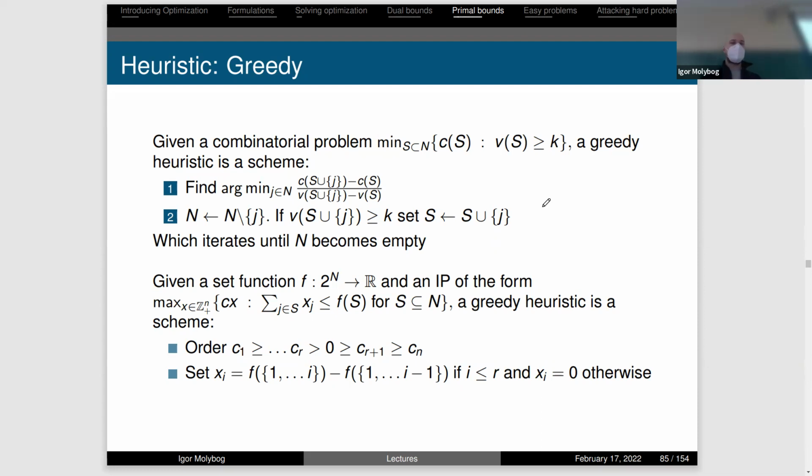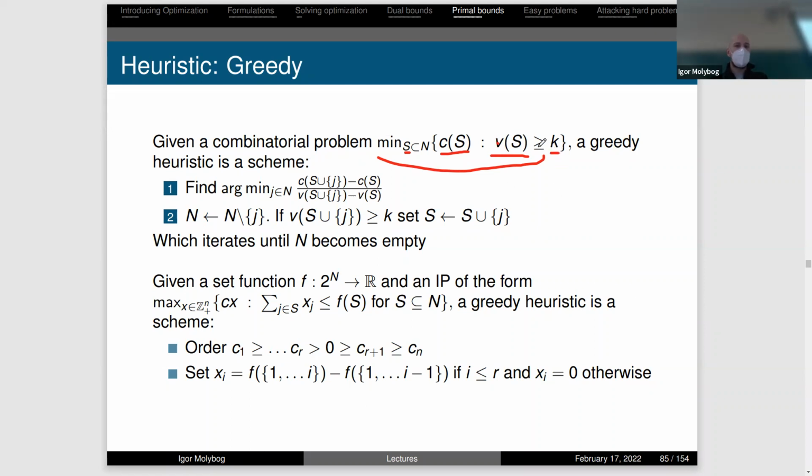It's normally defined for a special class of problems that can be written in this form. You're minimizing, so it's a combinatorial problem. First of all, you're minimizing over the set of subsets of a particular objective function. Here it's written with C of S, such that V of S, a certain feasibility function, is greater than or equal to K, some number.